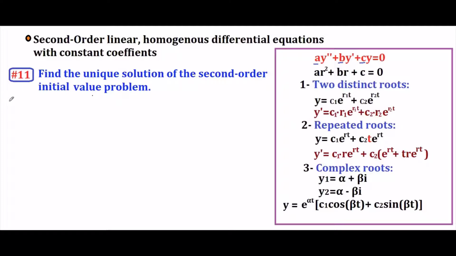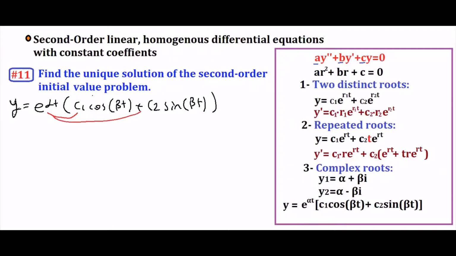Our general equation is y equals e to the alpha t times c1 cosine of beta t plus c2 sine of beta t. We can distribute e to the alpha t into each term before we start, and then we can apply the product rule.